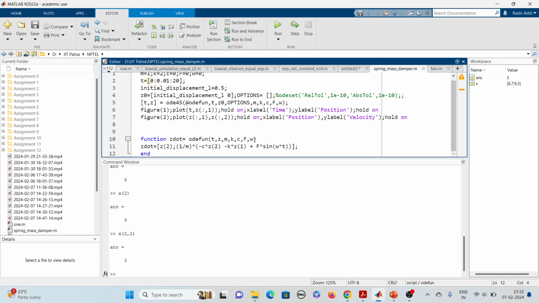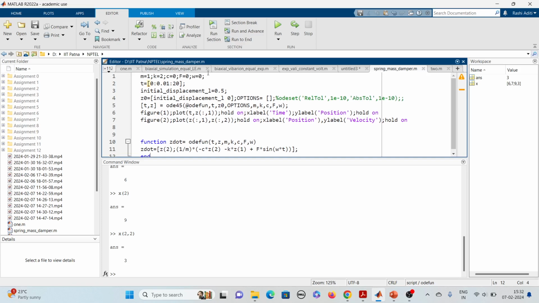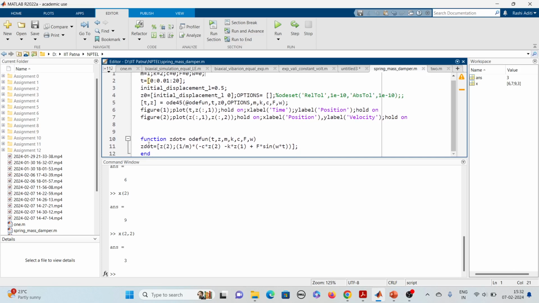Then I'm defining the parameters m, k, c, F, omega, W. Here I've used W. These are the parameters whose values I have defined on the first line of the code. And then I have written end. And Z dot I have defined in the same way as I've shown in the PPT. Okay, so I've defined Z dot.